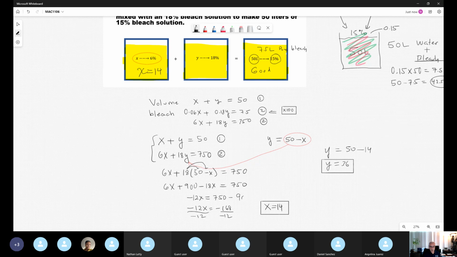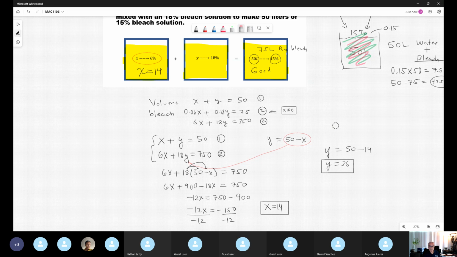And now subtraction. 900 minus 750 is 150. Okay, let me erase that part. Entonces es minus 12x equals minus 150. Divided by negative 12 both sides. x is equal to 12.5.